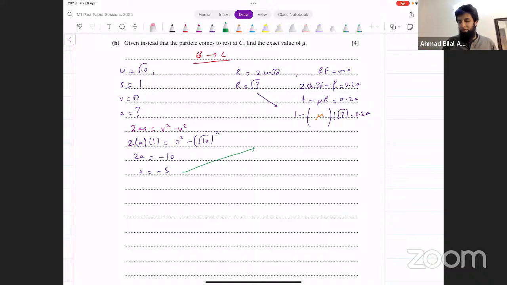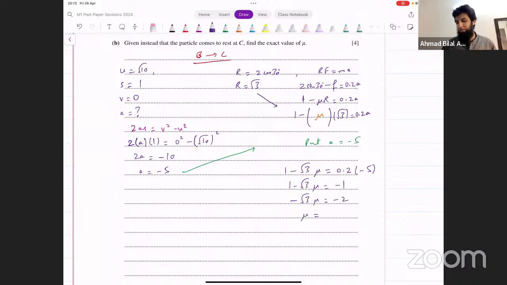We put that here. Let's input a equals minus 5. And that gives us 1 minus √3 times mu equals 0.2 into minus 5. 1 minus √3 mu equals minus 1. Minus √3 mu equals minus 2.